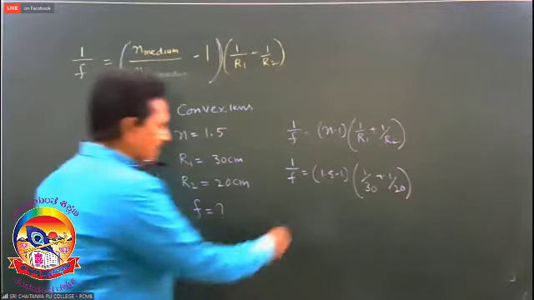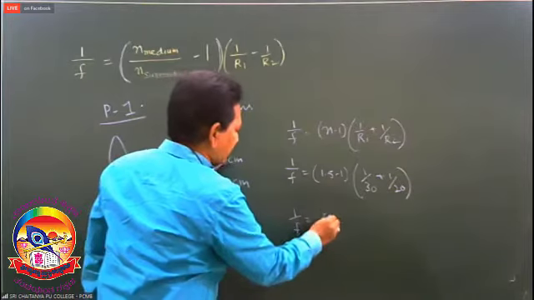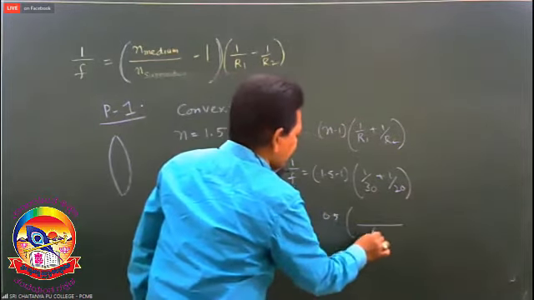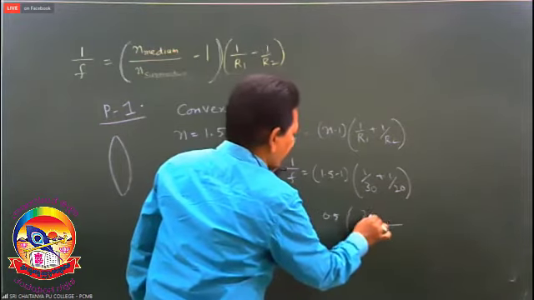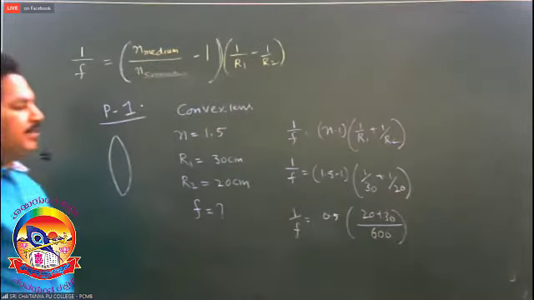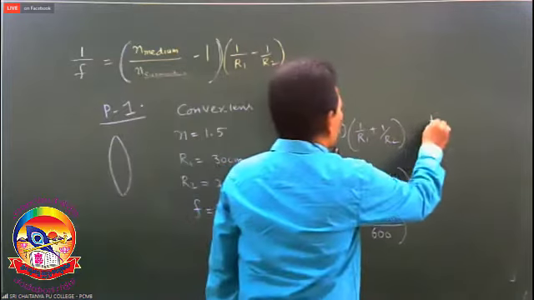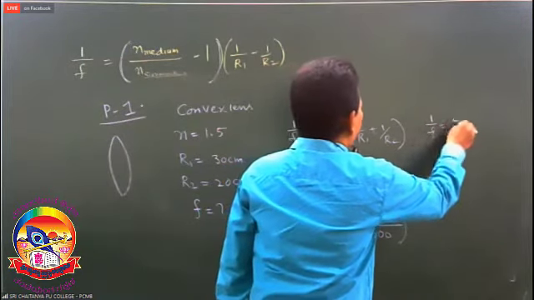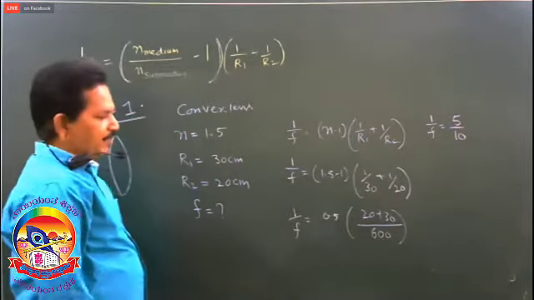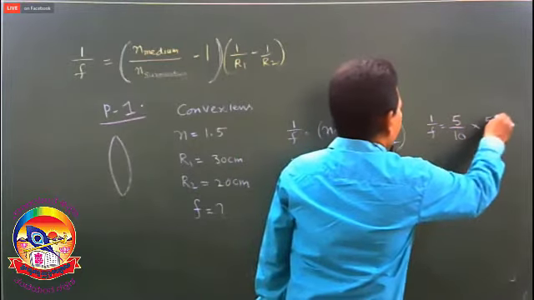1 by F is equal to, 1.5 minus 1 is 0.5. LCM is 600, 20 plus 30. So 1 by F is equal to 0.5, which can be written as 5 by 10, into 50 by 600.